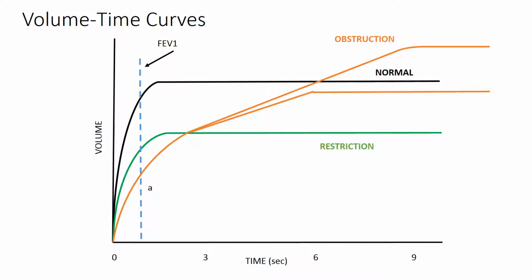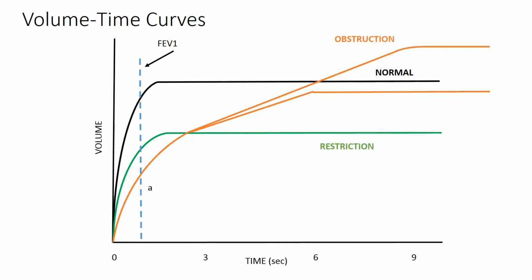At 1 second, the amount of volume that is exhaled, depicted by the blue dotted line, is the forced expired volume at 1 second. The plateau that is reached is their forced vital capacity.